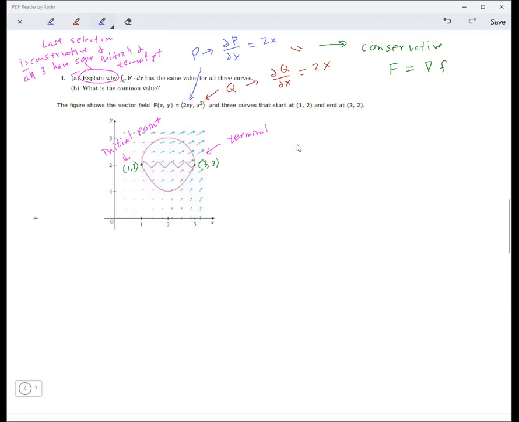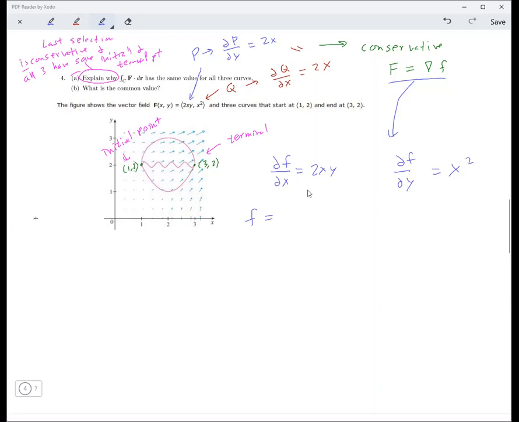So we know that F is the gradient of some function little f. So we know that means that the partial of little f with respect to x is going to be 2xy, and we also know that the partial of f with respect to y is going to be x squared.